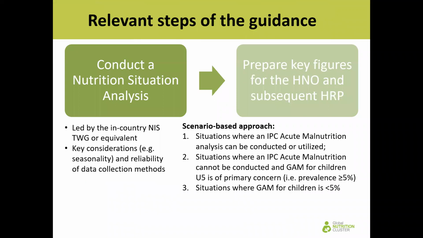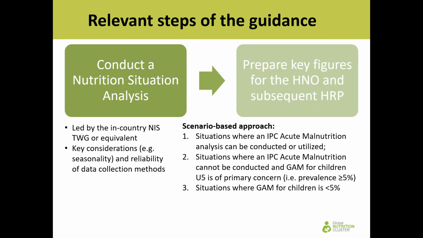So in terms of the steps of this guidance, generally we start off with the development of an annual data collection plan, that first section of the guidance. But here we're going to be focusing on how we can use existing information to conduct a nutrition situation analysis.